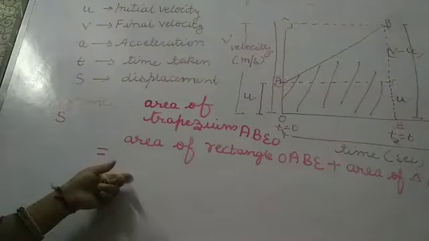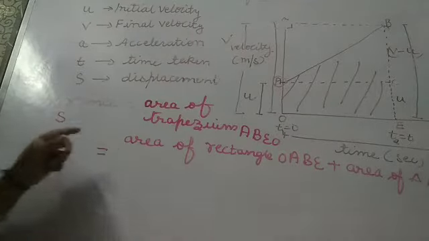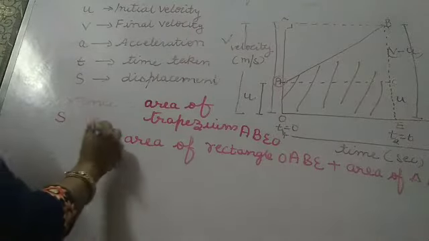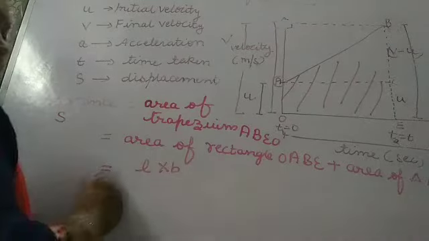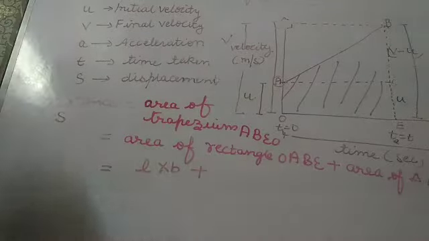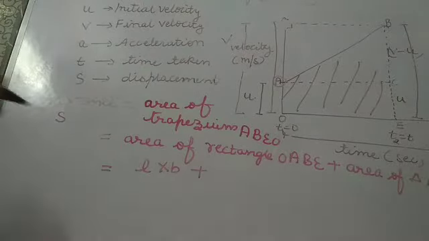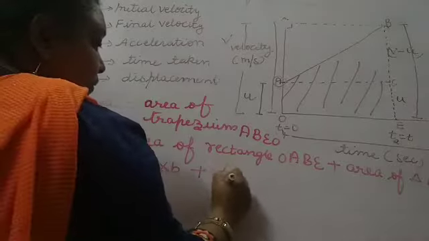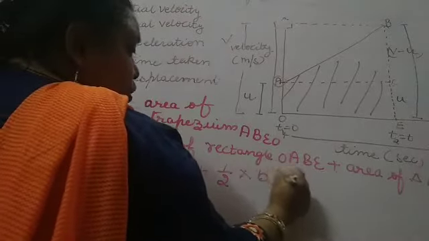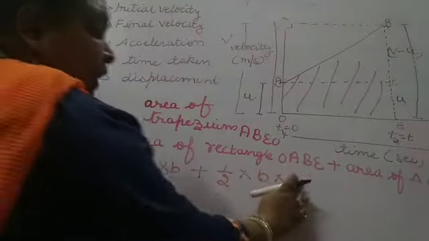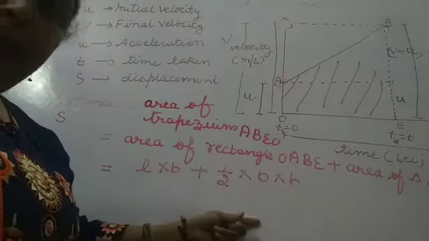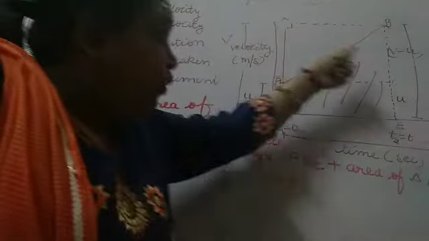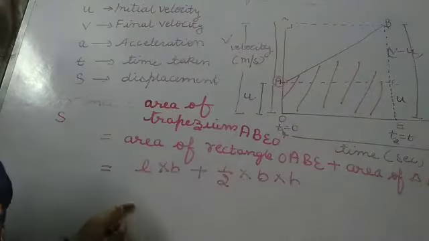Now you know the formula for the area of a rectangle: length into breadth. And the area of the triangle ABC is half base into height. We have to take the length, breadth, base and height from the given trapezium and use them here.